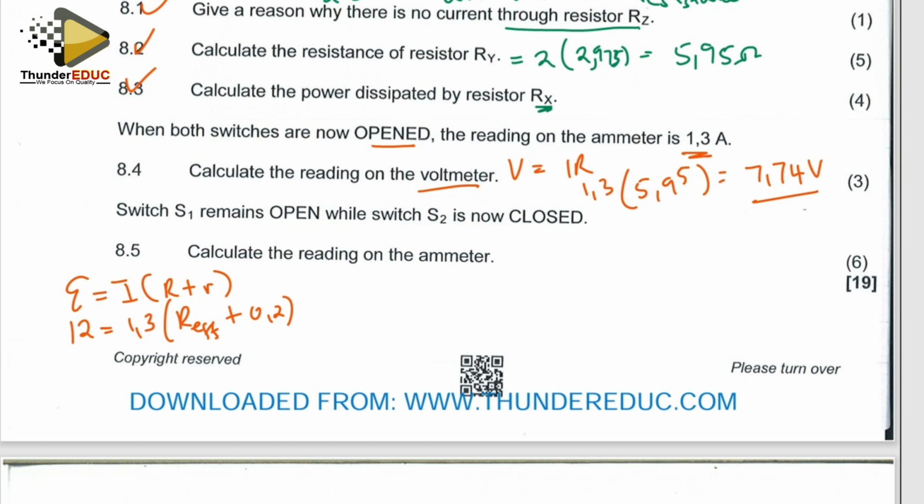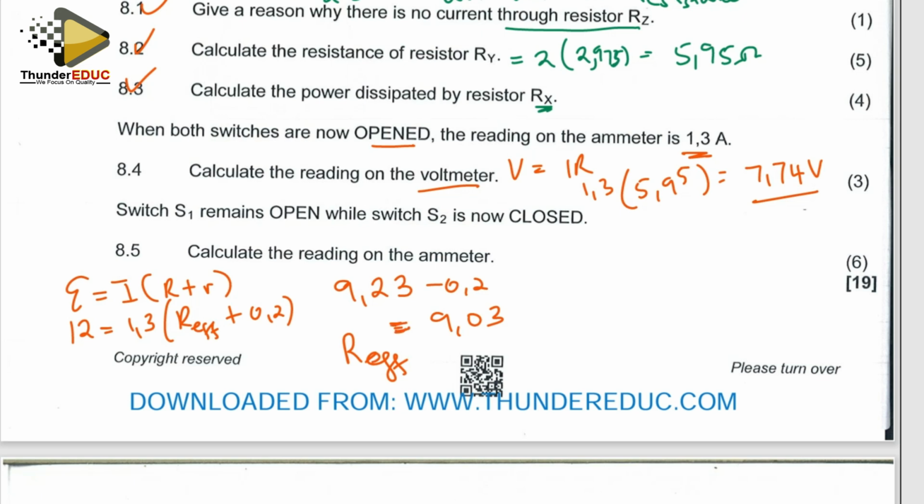So 12 divided by 1,3 gives me 9,23. Okay, 9,23, I'm subtracting 0,2. 9,23 subtract 0,2 gives me 9,03. So this is the effective resistance.